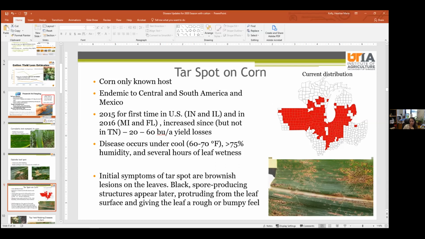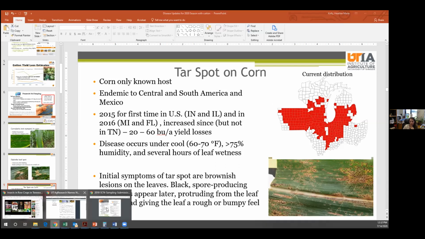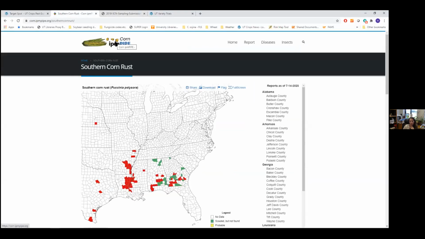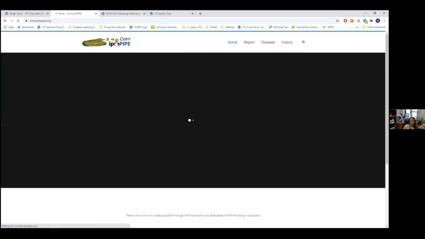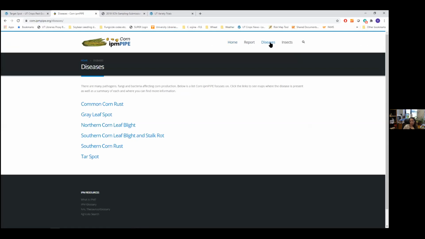So that same site for southern corn rust, if we go back to it, if you go to the corn IPM site, that's the other pathogen right now that's being monitored. It might not be showing it to the public yet, but this is where we're also looking for tar spot. There it is there.